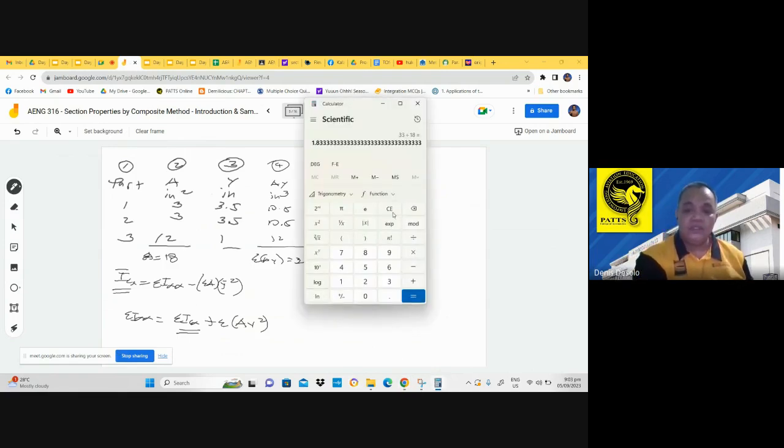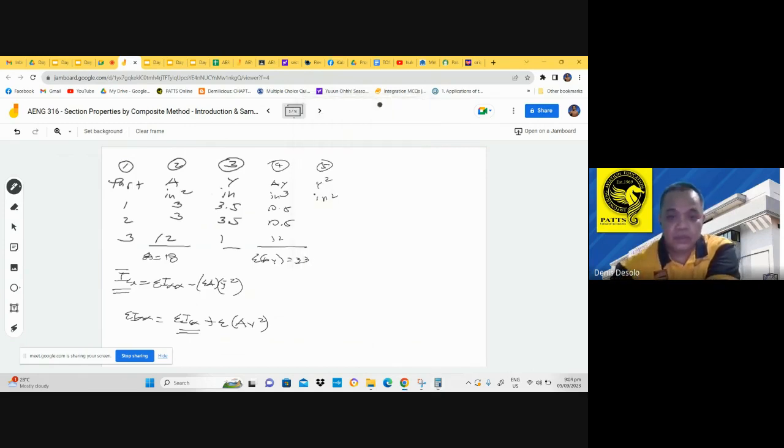The first is the square of 3.5, or basically multiplying 3.5 and 3.5. That will be 12.25. So this is 12.25, this is 12.25. The square of 1, of course, is 1.